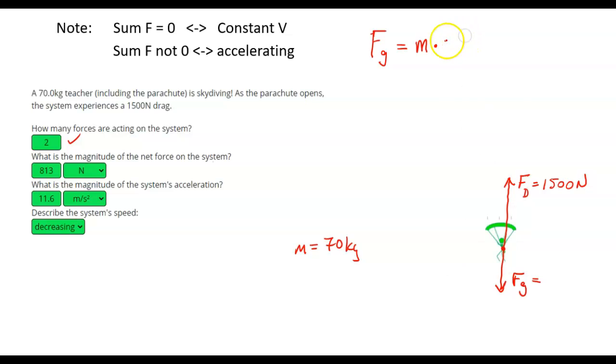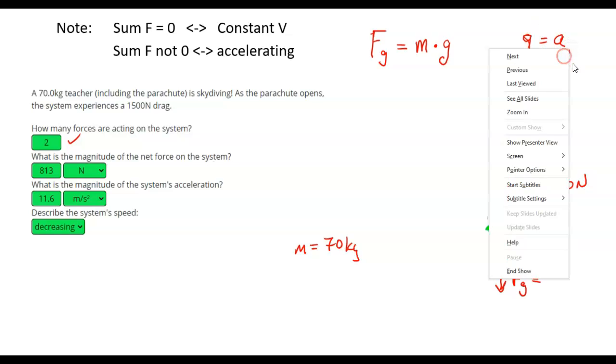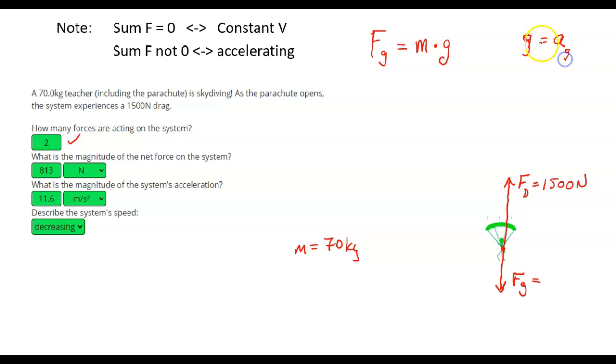I'm going to write that as little g, lowercase g, the acceleration due to gravity, instead of a sub g, because that's how it is on the reference table. So the formula on the reference table is weight, which is really the force of gravity on an object, is equal to the mass of the object times the acceleration due to gravity.